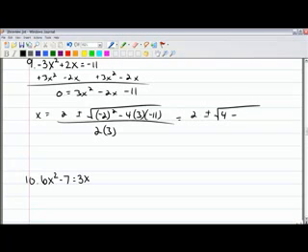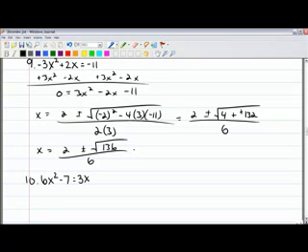So 3 times negative 11 is negative 33. Negative 33 times 4 is negative 132. So look, you're subtracting a negative, so keep track of that. So this will change to plus a positive. So underneath the radical, we have 136. That's all divided by 6.